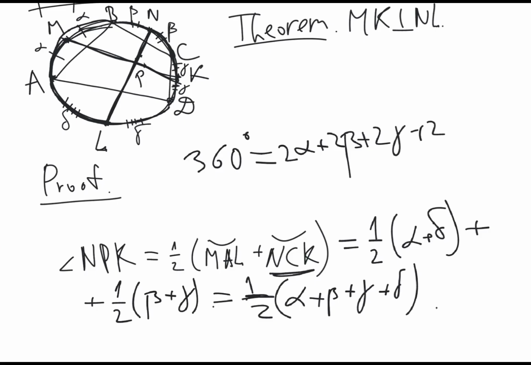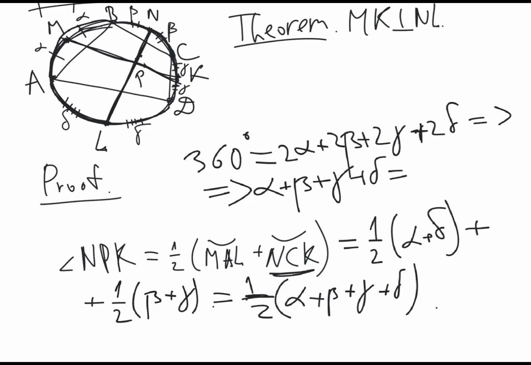So from this we conclude that alpha plus beta plus gamma plus delta is equal to 180 degrees. So if we now substitute it here, this is 1/2 of 180 degrees, and this is simply 90 degrees.